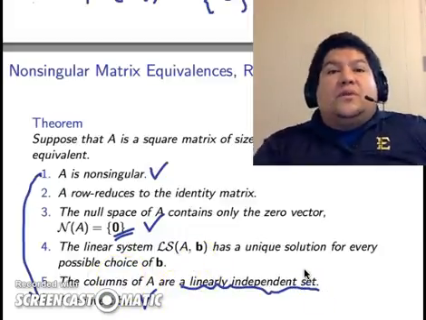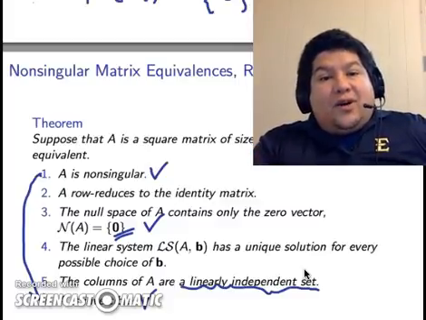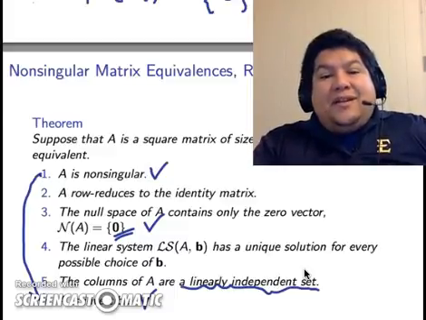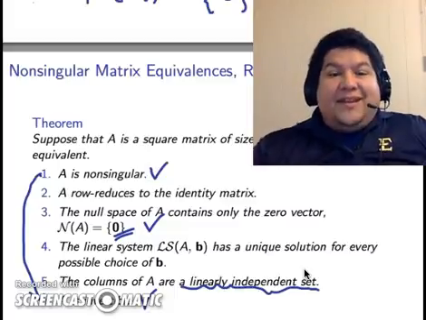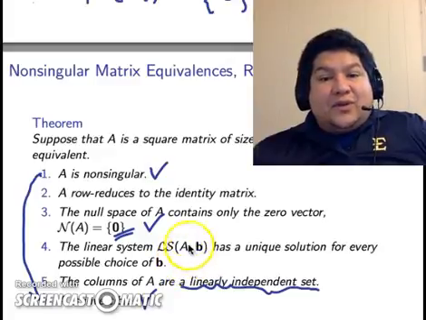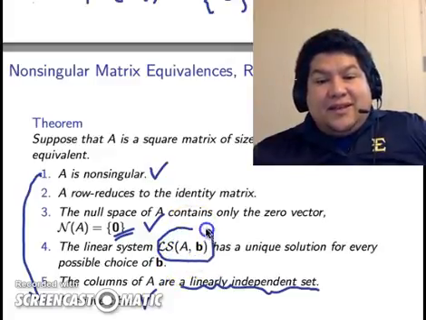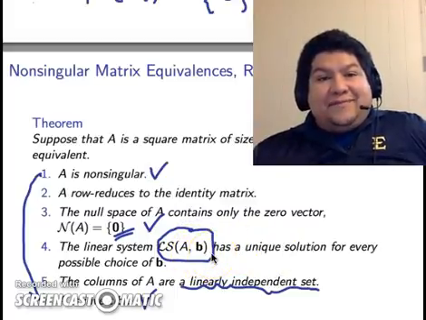The columns of an invertible matrix are linearly independent. The columns of a non-singular matrix are linearly independent. And for a system with a unique solution, the columns of the matrix of coefficients are also linearly independent.